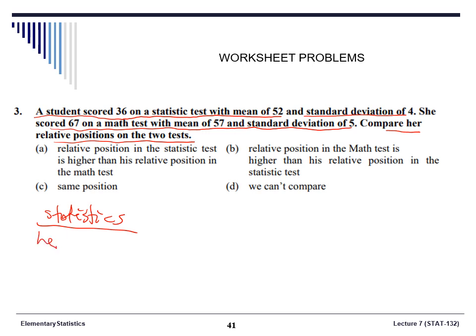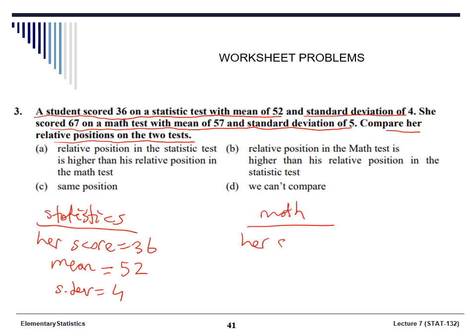Her score is 36, the mean of the scores is 52, and the standard deviation is 4. Now for the mathematics part, her score is 67, the mean here is 57, and the standard deviation of the mathematics scores is 5.